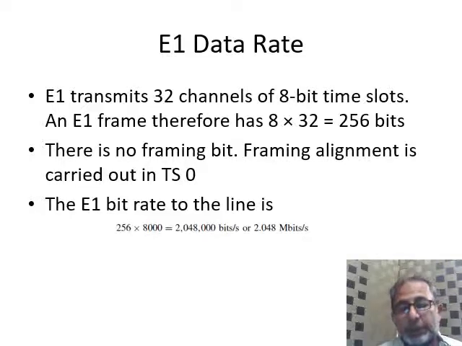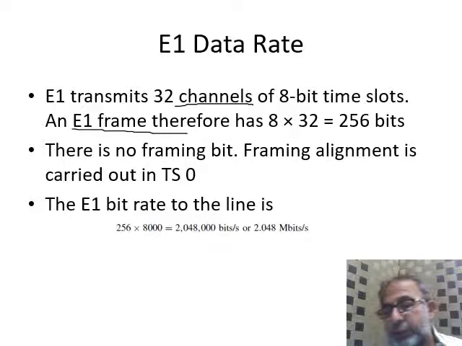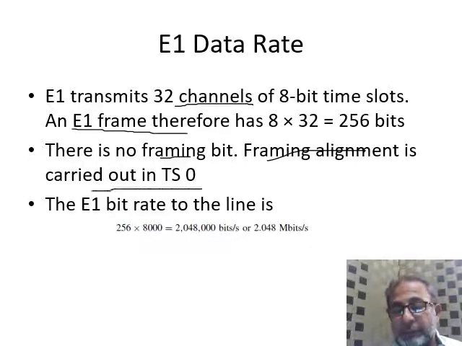Now the E1 data rate. E1 transmits 32 channels of 8-bit time slots. An E1 frame therefore has 8 into 32, which is equal to 256 bits. There is no framing bit, and the framing alignment is carried out in TS0 as explained in the previous slide.